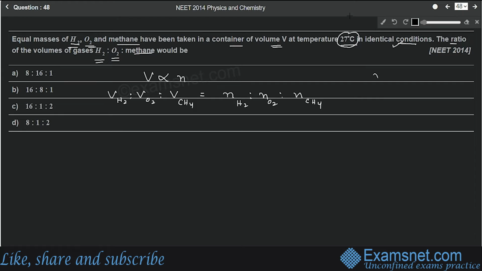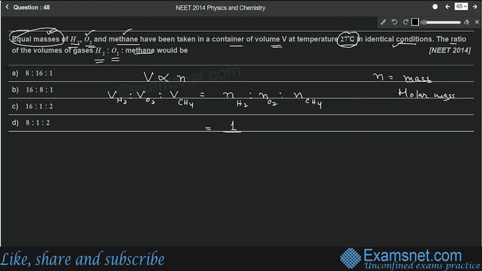We know that the number of moles is equal to the given mass upon molar mass. And it is given in this question that these have equal masses, right? So if we assume that the mass of hydrogen is 1, then the mass of oxygen will also be 1 and that of methane will also be 1. So let's take the given mass as 1 for all.